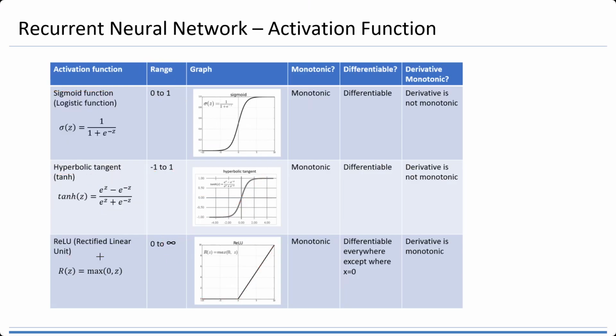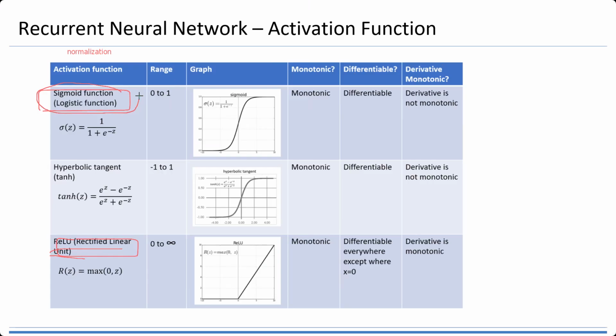If your data has a lot of variance, people usually try to adopt the ReLU. But if your data is in a similar range, for example, after you do normalization, maybe the value of your data is in between 0 and 1. Then people may adopt this sigmoid function.